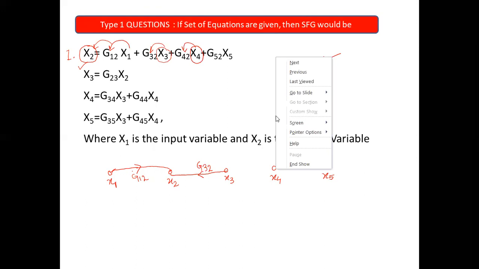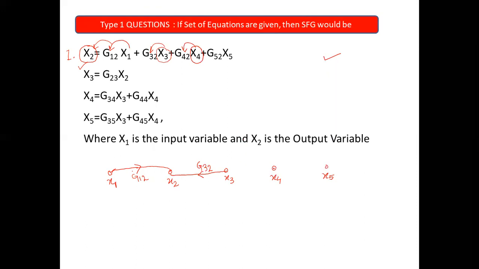So we will take a signal from x4 and it is going to x2. Now what is the gain of this particular signal? The gain would be g42. Likewise there is another state variable, that is x5, and it is getting multiplied by g52 and we are getting x2.